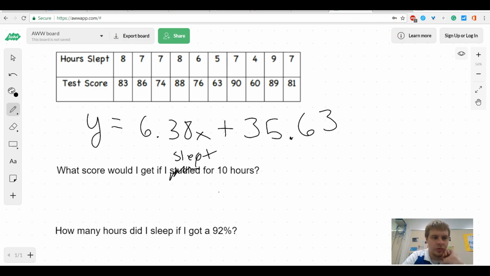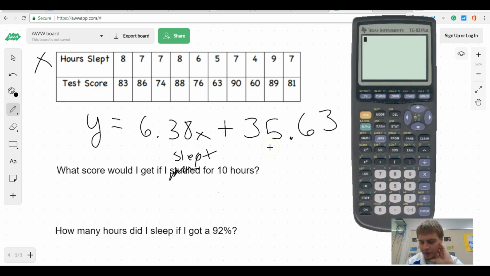These were our x values, so we're going to take our equation and plug that in. I'm going to get 6.38 times 10 plus 35.63, and that's going to give me a score of 99%.